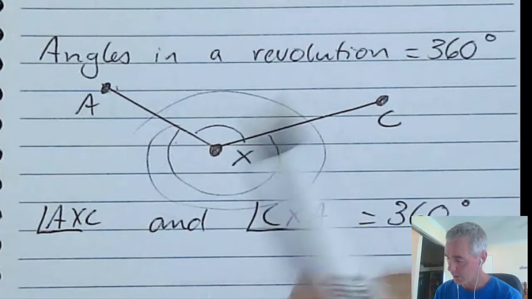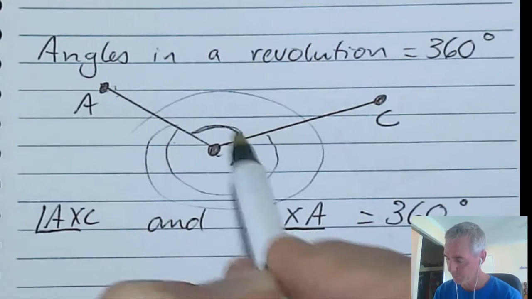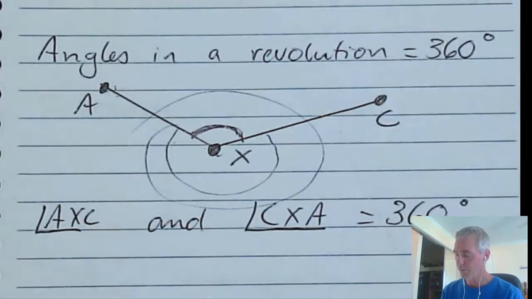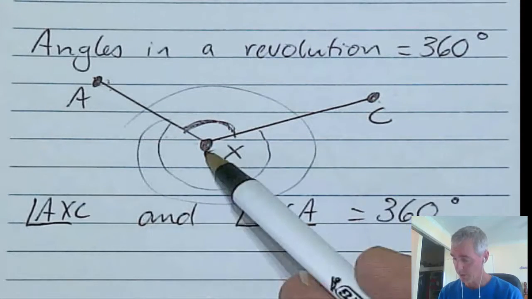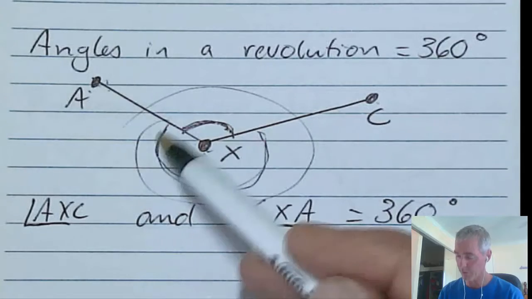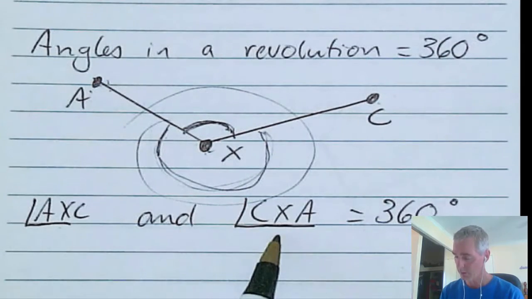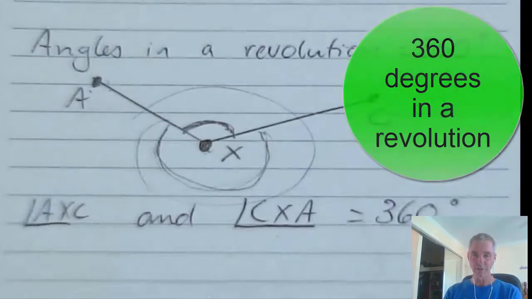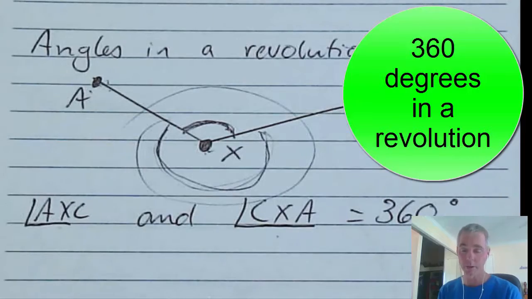My angle in here, angle AXC, this one, if I put that with this angle on the outside, CXA, which is around the outside, so I've got an acute on the inside and a reflex on the outside, if I put those two together, I will get 360 degrees. I know those two are going to add up to get right the way around in a circle.